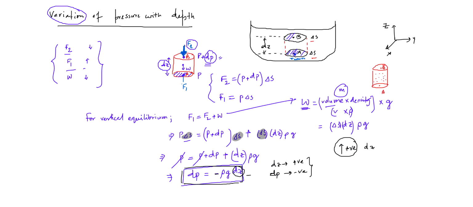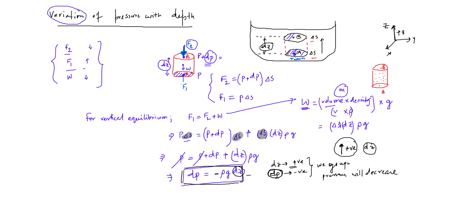As we go from point A to point B, dz is positive. According to this equation, if dz is positive, dP will be negative. That means if we go up, the change in pressure will be negative. That means pressure will decrease.